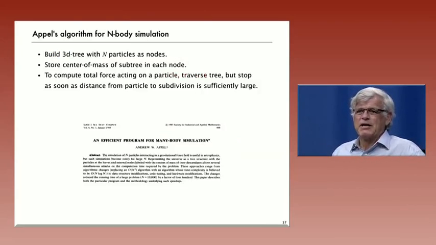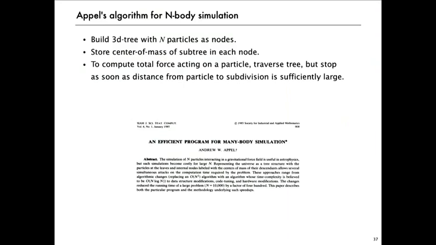And the algorithm that he used is based on 3D trees with the n particles as nodes and storing the center of mass of the subtree in each node. And then to compute the total force traversing the tree, you have all the information that you need to complete the n-body calculation, but in time much closer to n log n than to n squared.